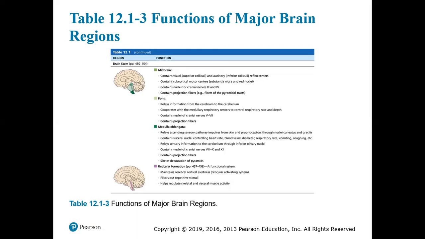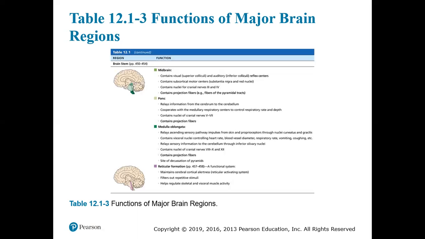The pons and the medulla. The pons is a relay center for the cerebrum and the cerebellum, cooperates with the medullary respiratory centers, contains the nuclei of cranial nerves 5 through 7. This contains projection fibers.